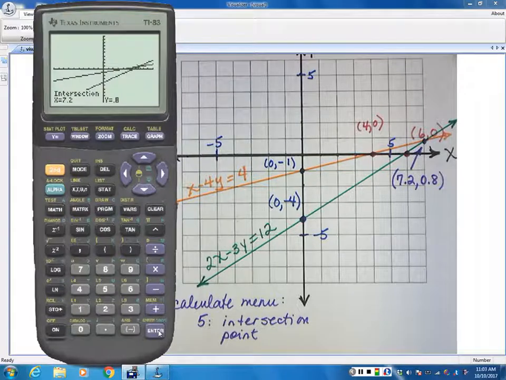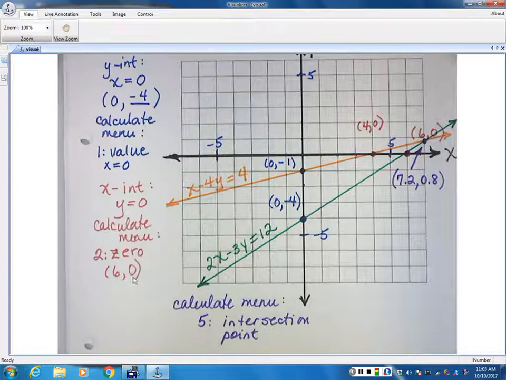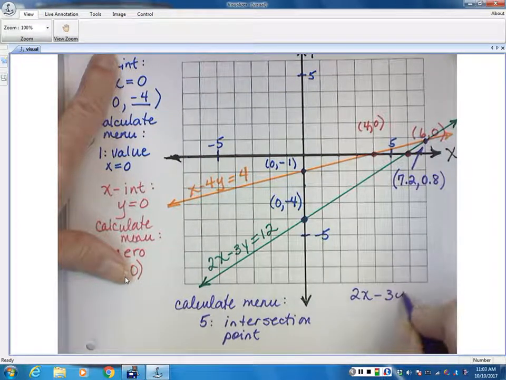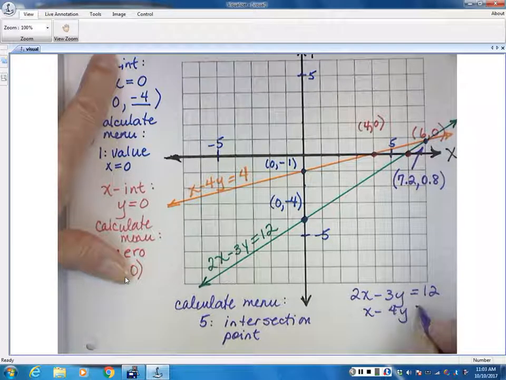Now, even though the calculator finds it for you, just as a reminder, I could also have used matrices. I could have taken my original 2 equations, 2x minus 3y equals 12, and x minus 4y equals 4.